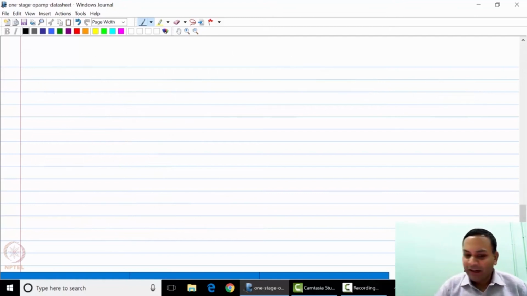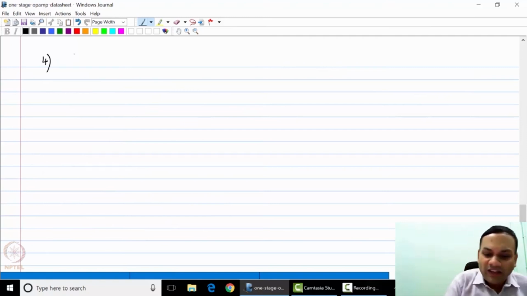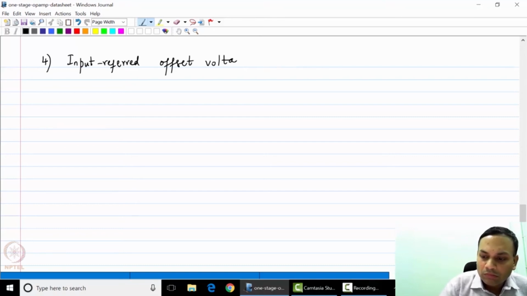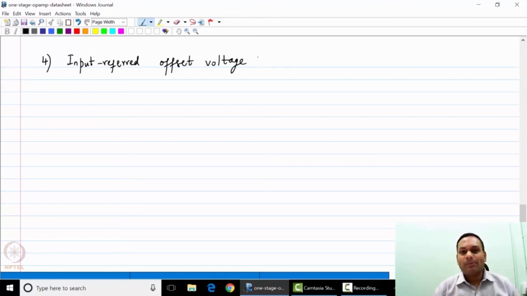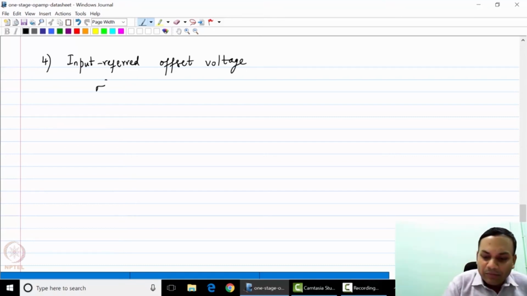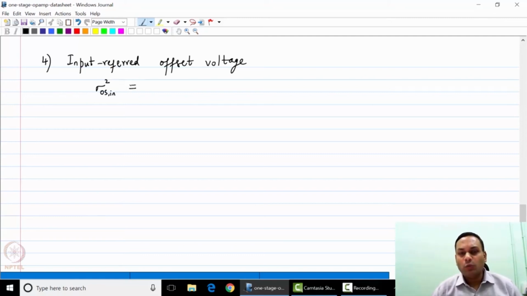The fourth parameter of interest is going to be the input referred offset of the op-amp, which we'll represent as sigma squared OS,in. And as we have seen, this consists of two portions.